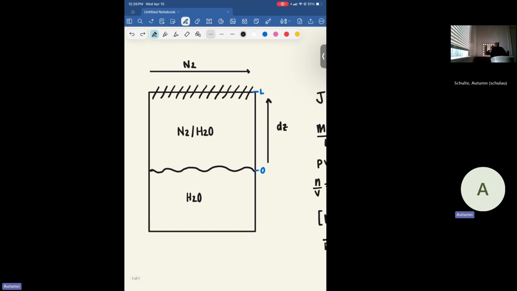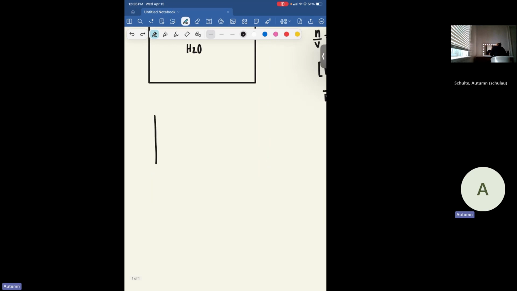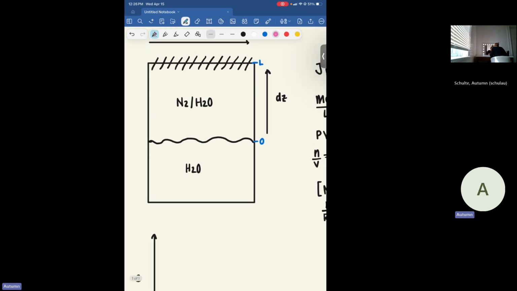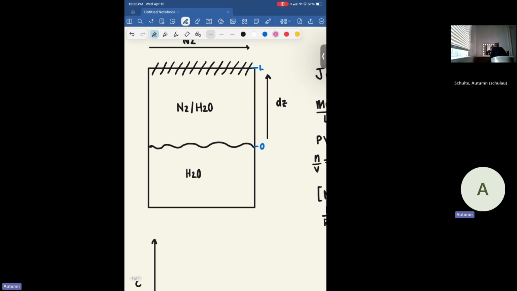So let's start to draw out our trends in our concentration. If we graph this, we're going to have our position 0 over here and our position L over here. And we're going to be graphing how our concentration is changing with our position. So if we start with our water, we can see that at position 0, our water has its greatest concentration.